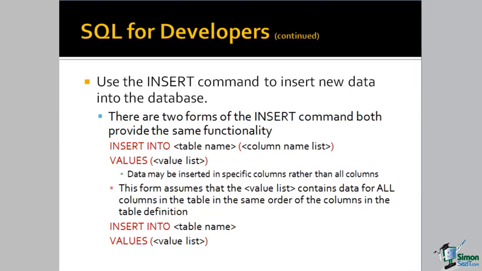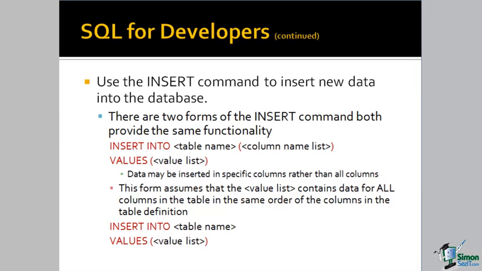Let's look at the long form first. When we want to insert data into a table, the command is insert into. Very intuitive. Insert into some table, and then within parentheses, we list the columns into which we want to insert the data.